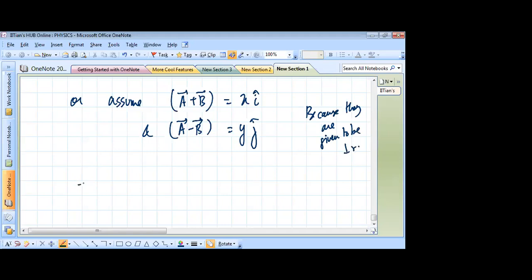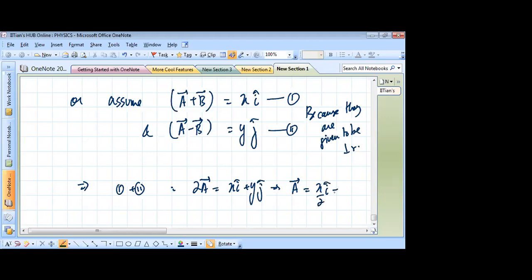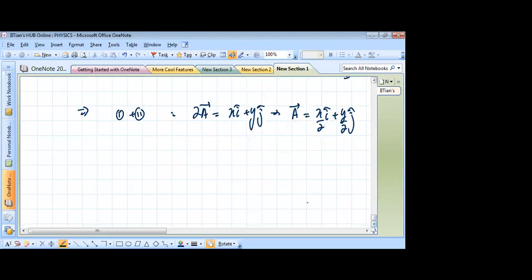So now from this we can say that if we just add equation 1 and 2, that will give you that 2A is equal to x i cap plus y j cap, or the vector A is x by 2 i cap plus y by 2 j cap. If you subtract the two equations, that will give you 2B is equal to x i cap minus y j cap.